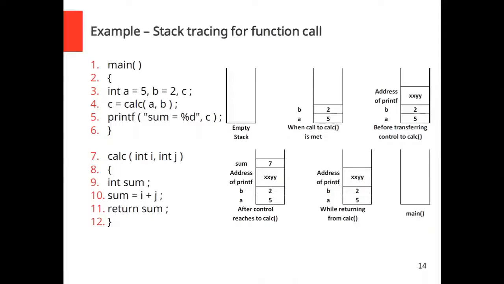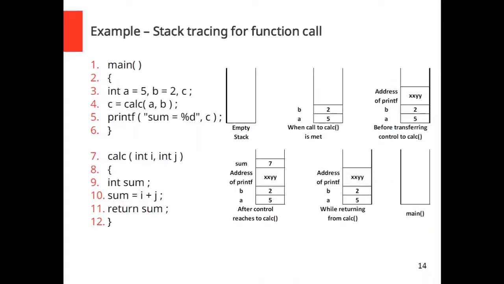Inside the calc function, it finds the sum, which is sum equal to i plus j, and it returns sum. The value returned by calc is assigned to the variable c.